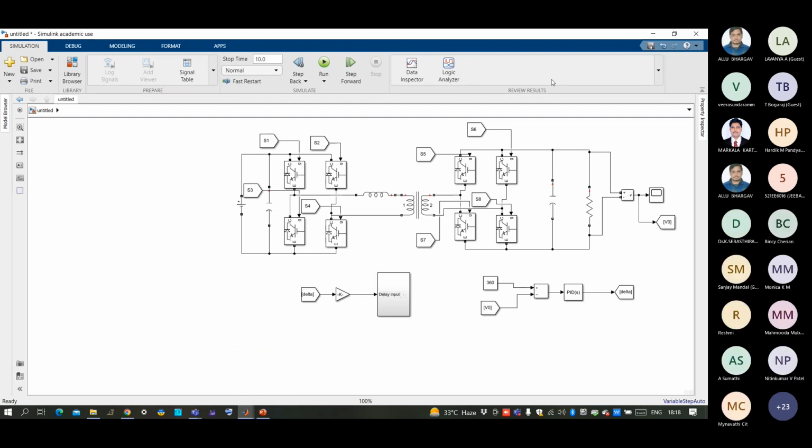Now what do we require? We require a power G block.